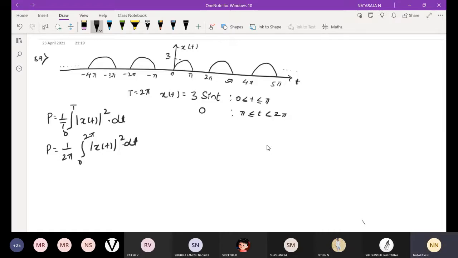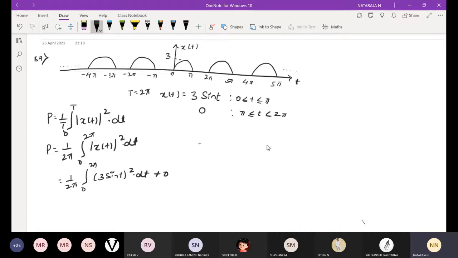That is equal to 1 over 2 pi integral from 0 to 2 pi of 3 sin t whole square into dt plus 0. We have another information plus 0, no need to consider. If you want, you can consider, or you can leave.